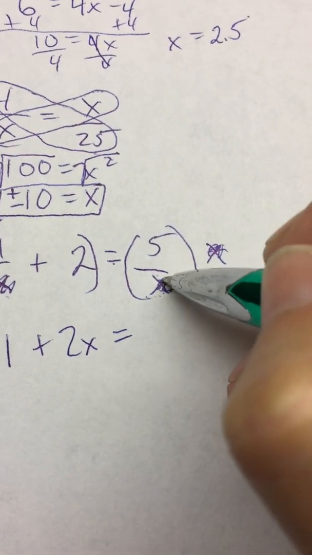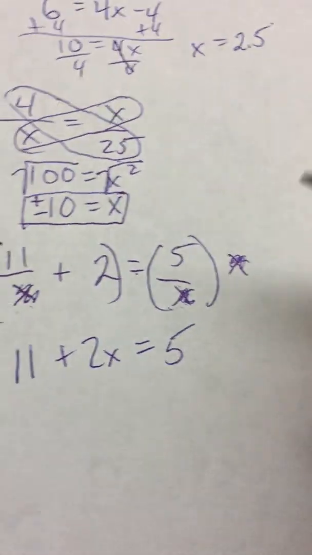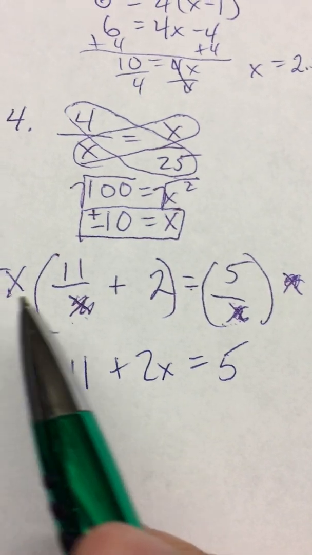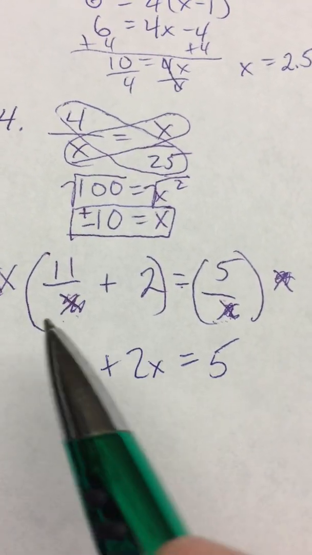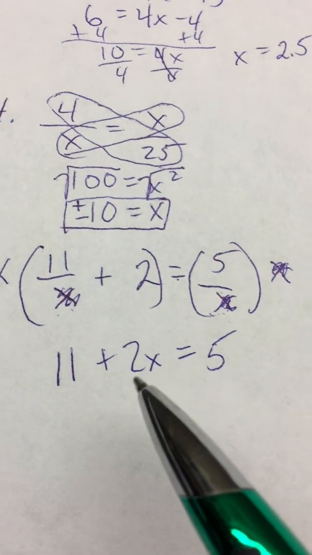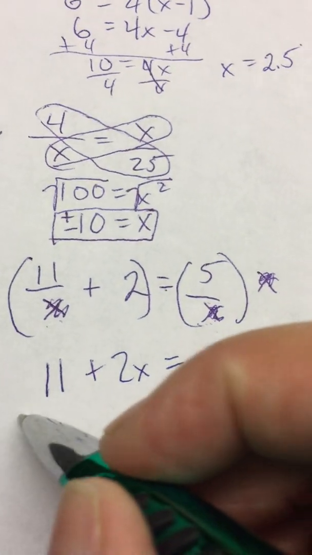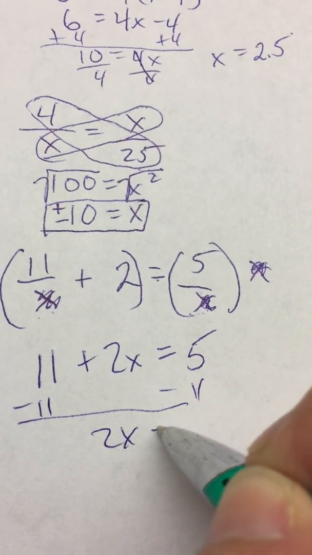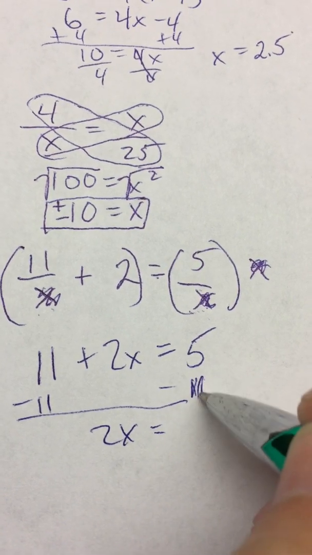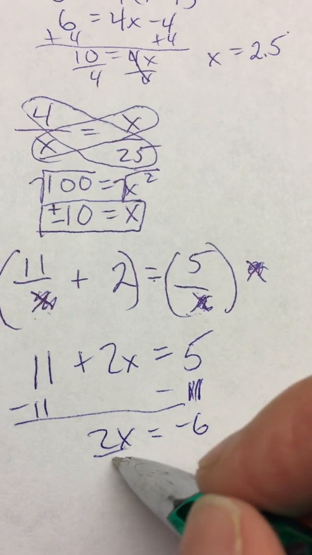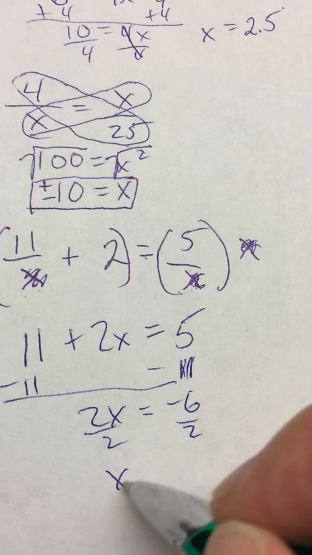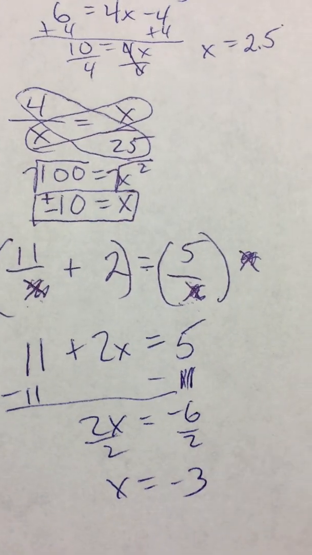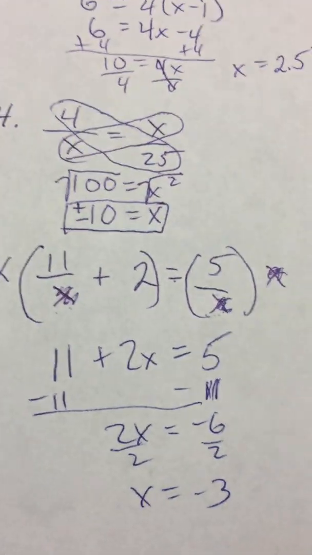Yes, and I'm left with a 5. So multiplying by x on both sides gave me this problem with the x's gone from the bottom. Now just solving for x, subtract 11 on both sides. 2x equals, that's not a pretty 11, negative 6. Divided by 2, divided by 2, x equals negative 3. And voila, there's the answer without having to do all those fancy fractions.